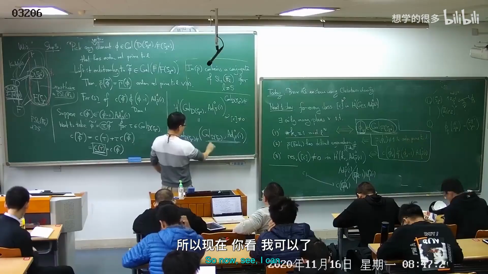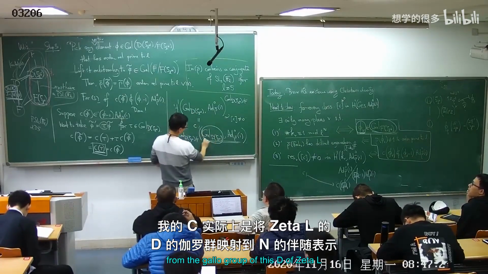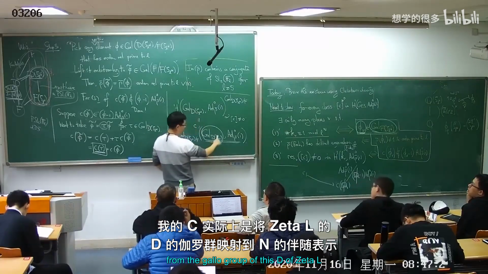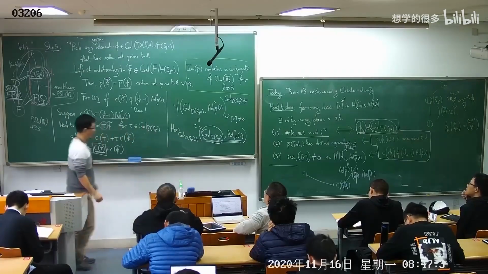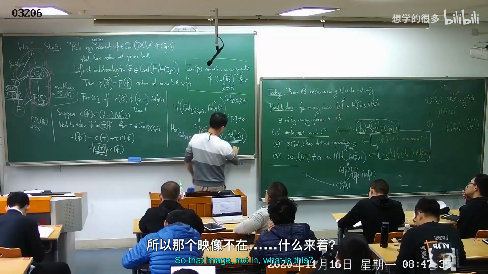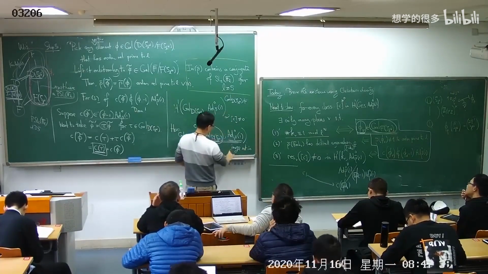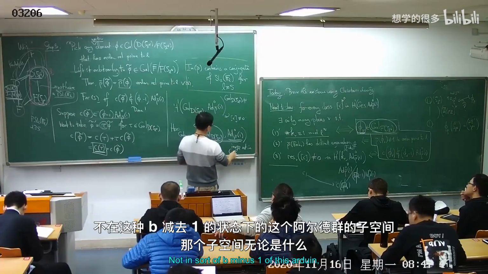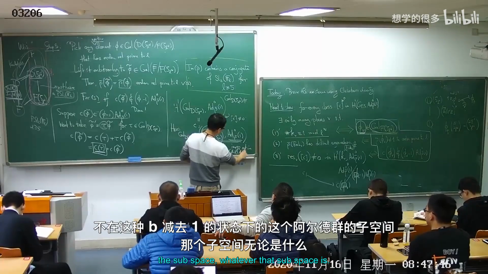So now my C is really a map from the Galois group of this D of zeta L to this adjoint representation, right? And I want to choose a tau so that the image is not in, what is this, B minus 1 of this adjoint, the subspace, whatever that subspace is.